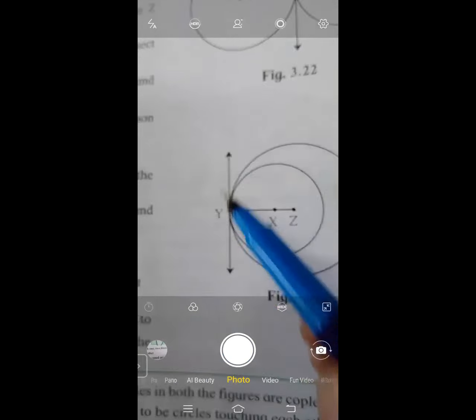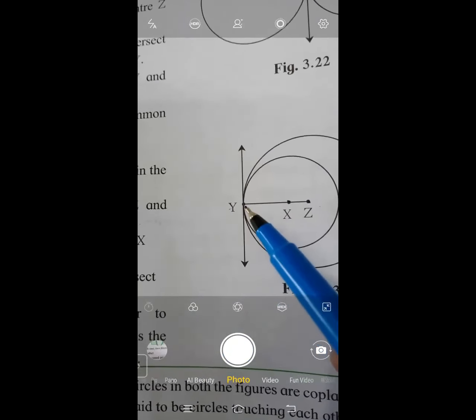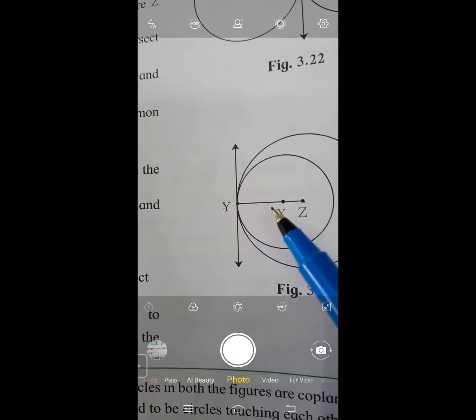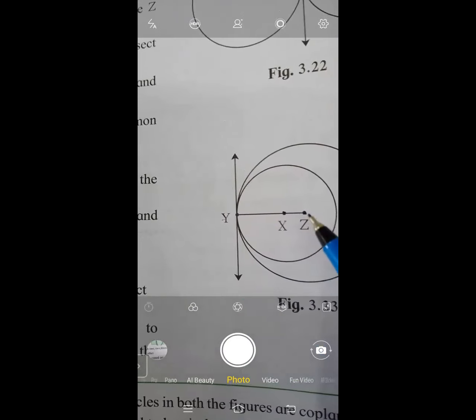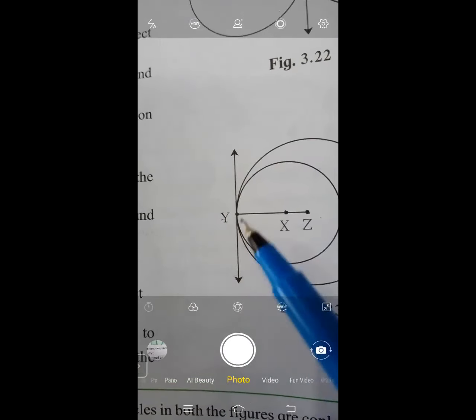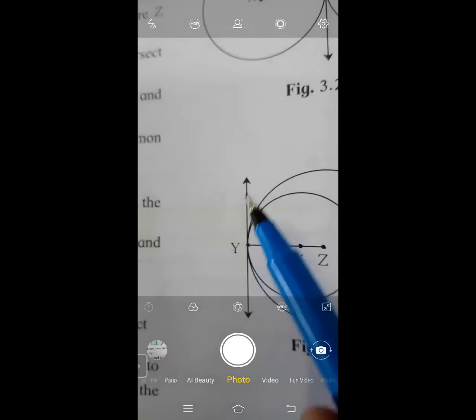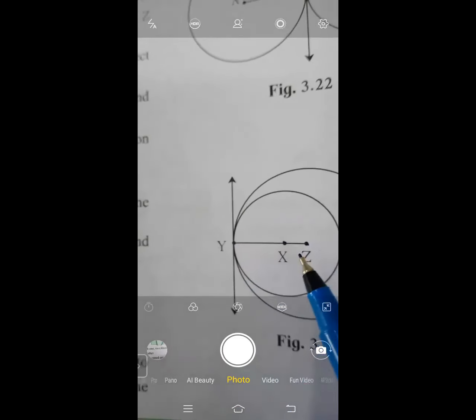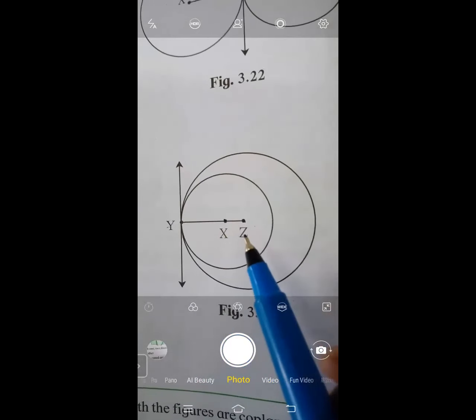Again, this is a common tangent to both the circles. As the point y lies on the circle with center x as well as on the circle with center Z, and the line is passing through the point Y, this line becomes tangent to both the circles with center X and center Z.